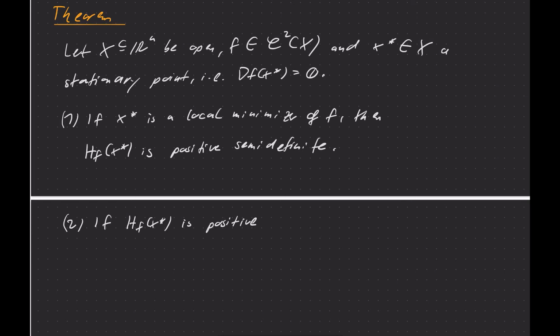So if Hf at x star is positive definite, then x star is a local minimizer of f.